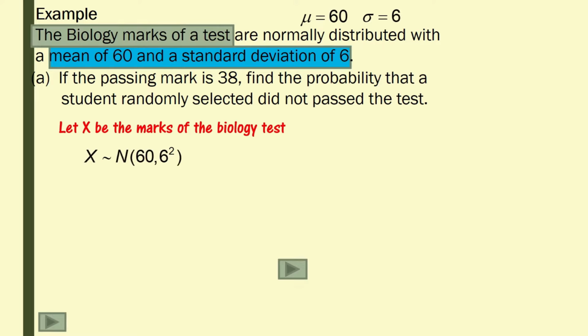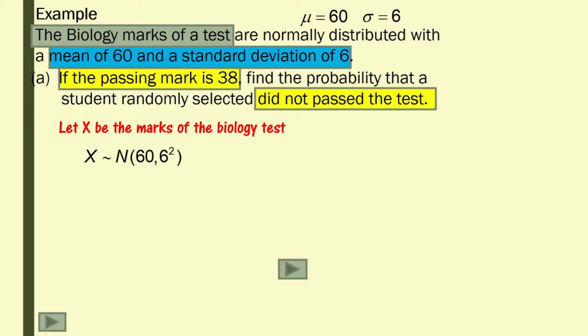X has a normal distribution with mean 60 and standard deviation 6. If the passing mark is 38, find the probability that a randomly selected student did not pass the test.